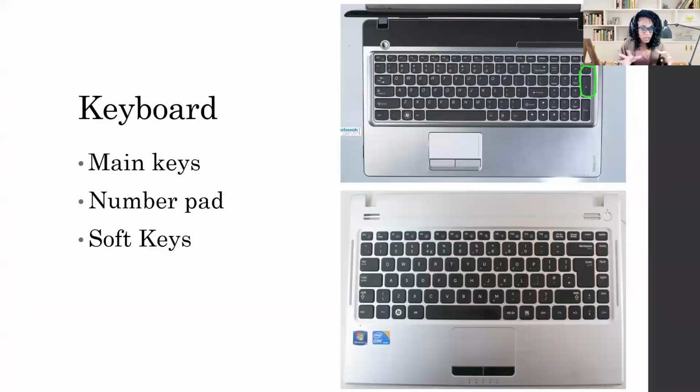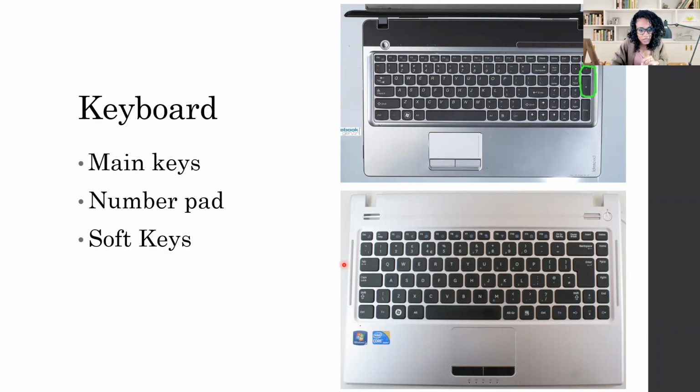Now let's move on to talk about the keyboard. In the keyboard, you have your main keys, and this is generally more or less what a keyboard is going to look like on a laptop. There's going to be, of course, some distinctions depending on which you have, but I tried to find two general images.